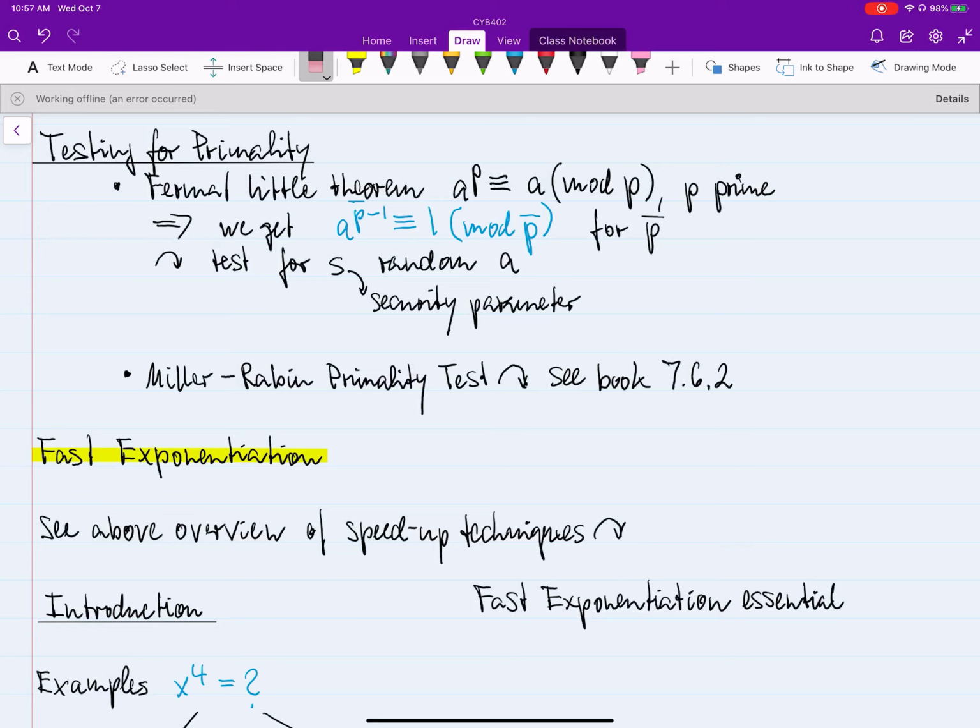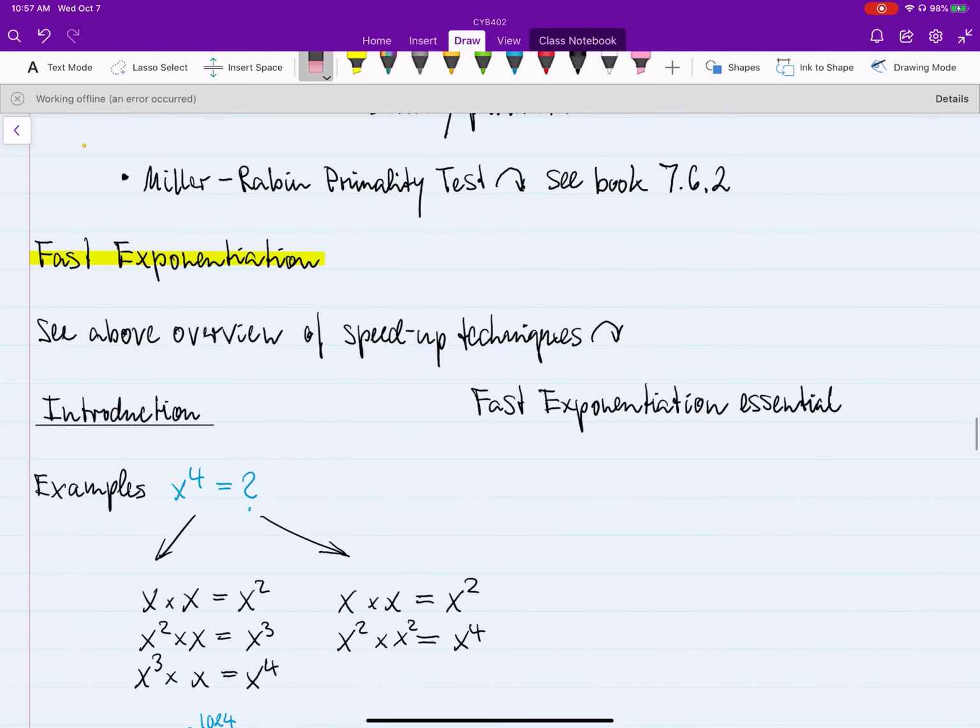So in reality, what is being done is to use the Miller-Rabin primality test. And I'm not going to cover it here, but if you're interested, have a look at the book in chapter 762, where Miller-Rabin is being described, or anywhere else if you Google for it, of course.